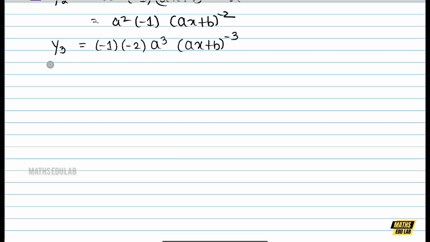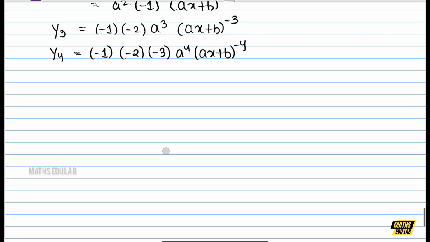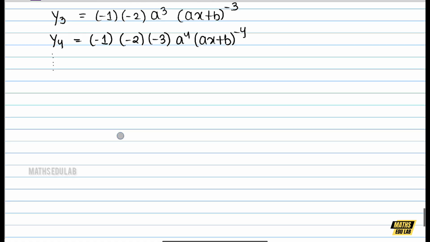And similarly, the fourth derivative of the given function will give the answer as minus 1, minus 2, minus 3, a to the power of 4, (ax + b) to the power minus 4. So these are the derivatives up to the fourth derivative of the given function.